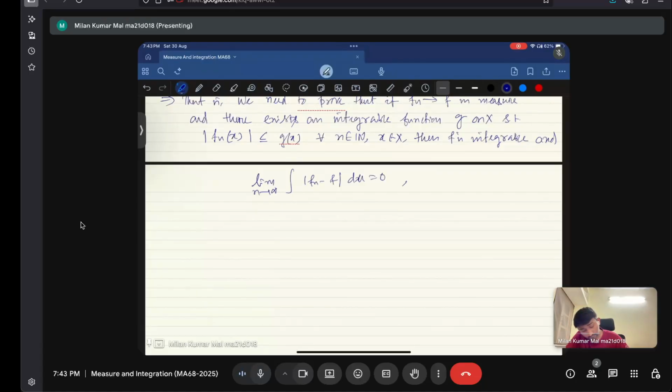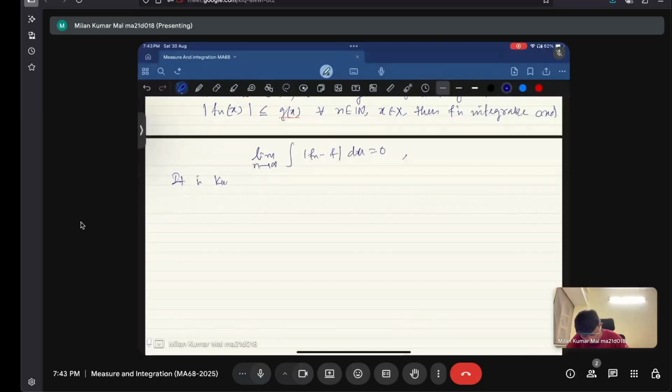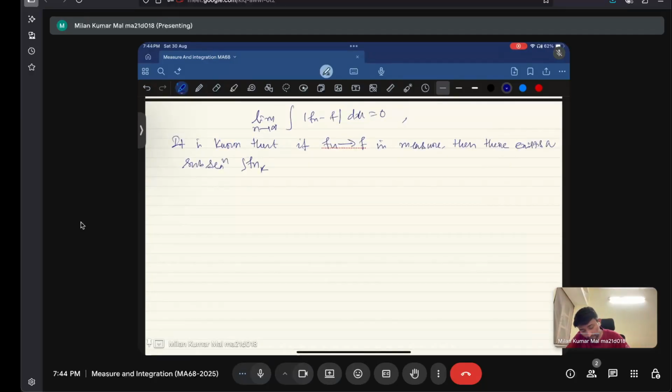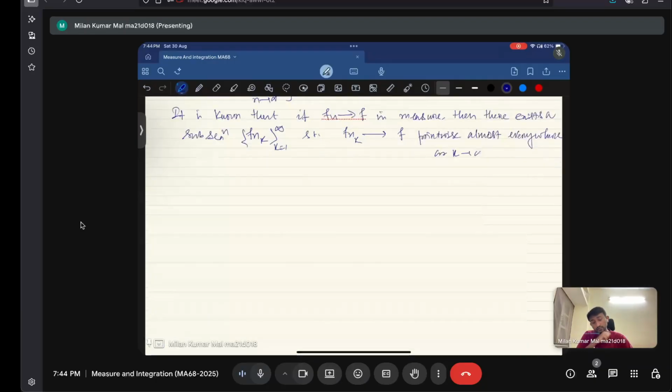First of all, it is known that if fn converges to f in measure, then there exists a subsequence f_{n_k}, k equals 1 to infinity, such that f_{n_k} converges to f pointwise almost everywhere as k tends to infinity.